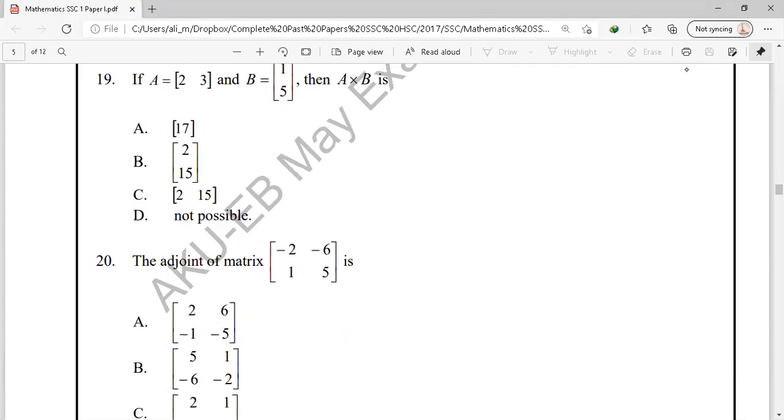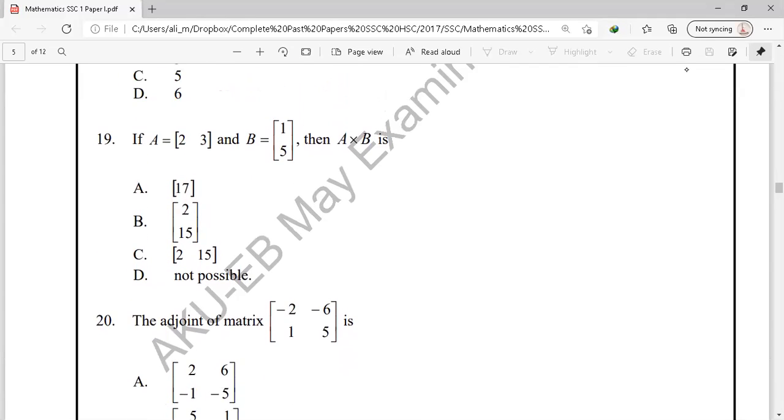Next, we have question number 19. In question number 19, two matrices are given in which the matrix A is of order 1 by 2, and B is of 2 by 1. So we have to find the product of A and B. So we know that this is possible because the number of columns in the first matrix and the number of rows in the second matrix are equal.